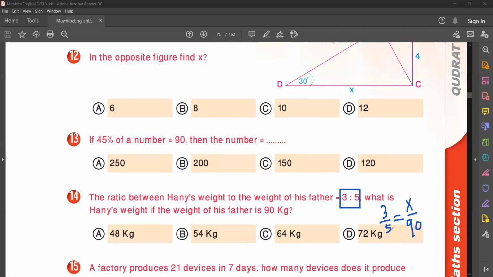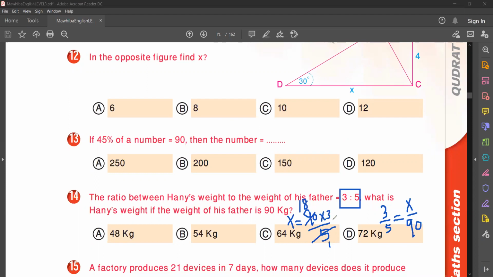3 times 90. Now we find x equals 90 multiplied by 3 divided by 5. Right? You simplify it, when it is here 18.